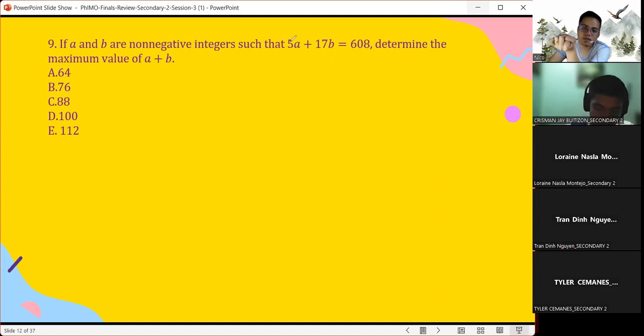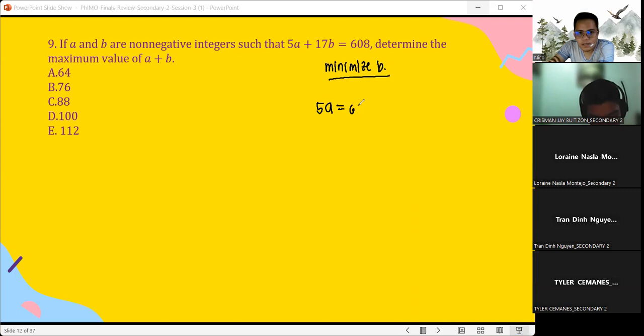It's only multiplied by 5, while for b, it's multiplied by 17. So meaning, minimize b, right? So this is 5a, 608 minus 17b.